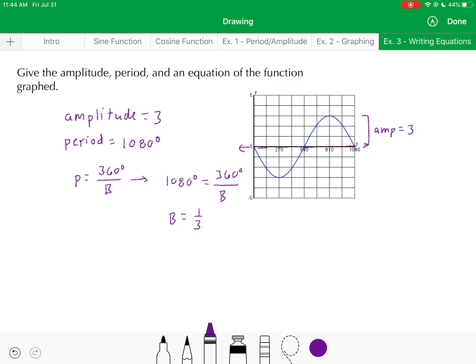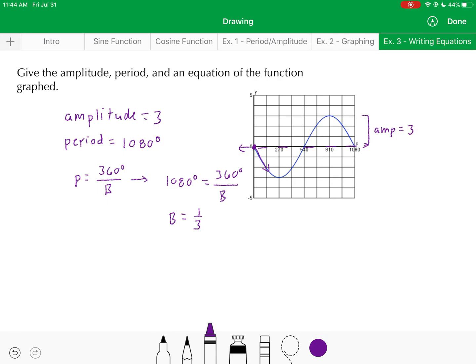Okay? Notice the cycle starts at the origin. The fact that it starts at the origin tells me I should use a sine function. If the cycle had started above or below the midline, then I would want to use a cosine function, okay? The other thing I want you to notice is that after that first point at the origin, see how the curve's heading downward, it's decreasing?